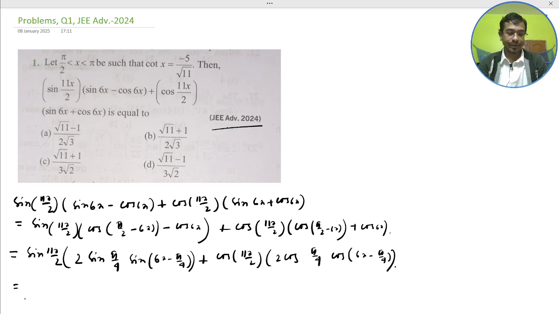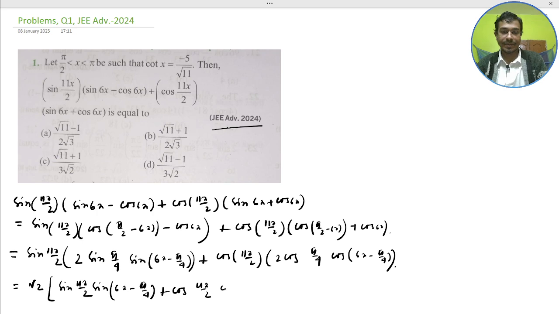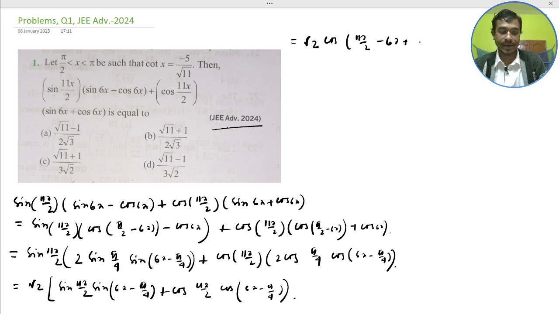Next, root 2, just simplify: sin 11x by 2 sin of (6x minus pi by 4) plus cos 11x by 2 cos of (6x minus pi by 4). Next this would become root 2 cos of (11x by 2 minus 6x plus pi by 4).